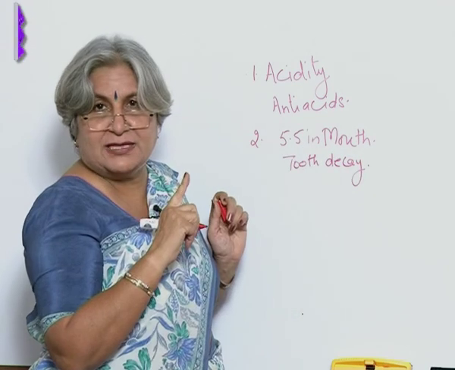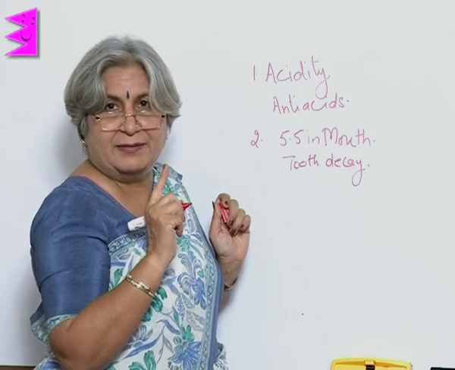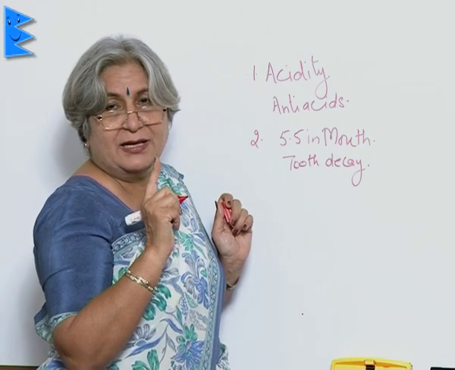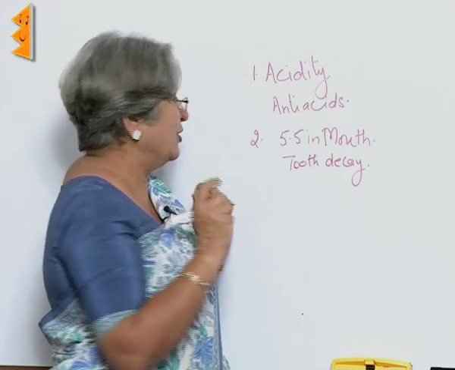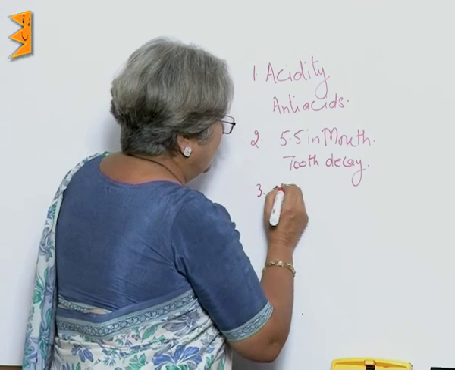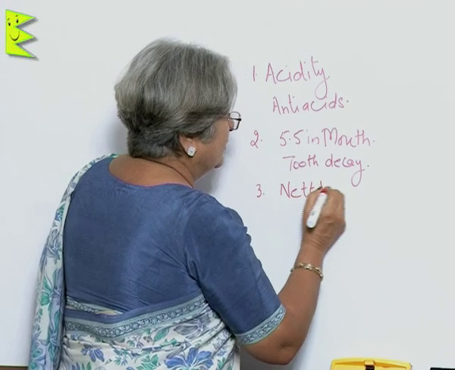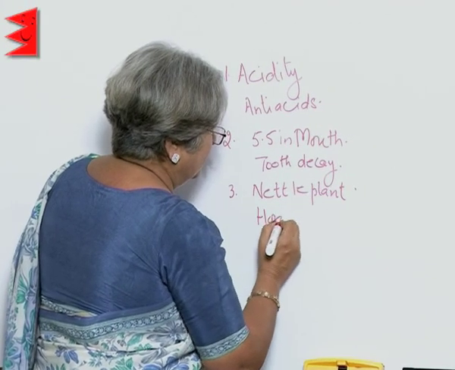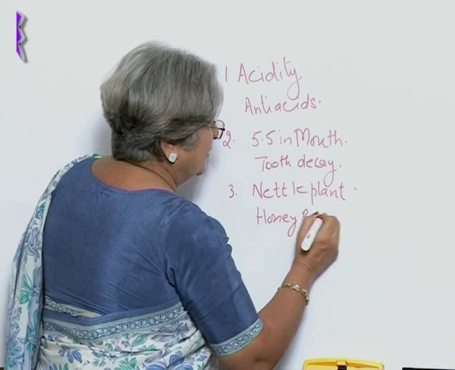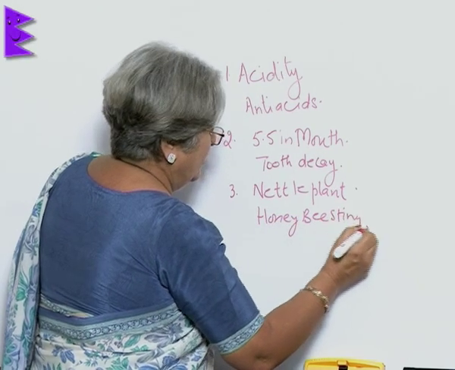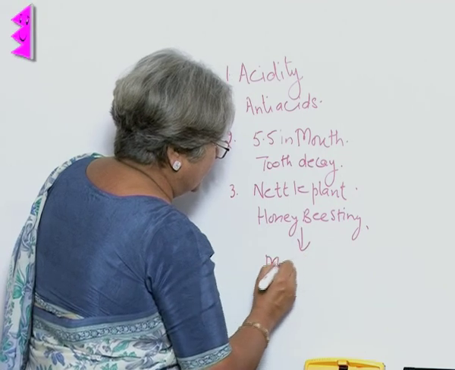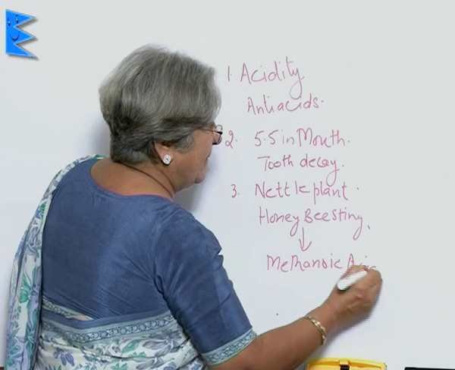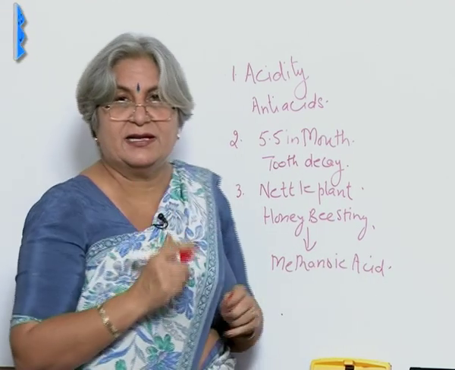And then I gave you the example of the nettle plant and the honey bee. Both of these have a defense mechanism in which they release acid, methanoic acid, which causes that burning sensation.